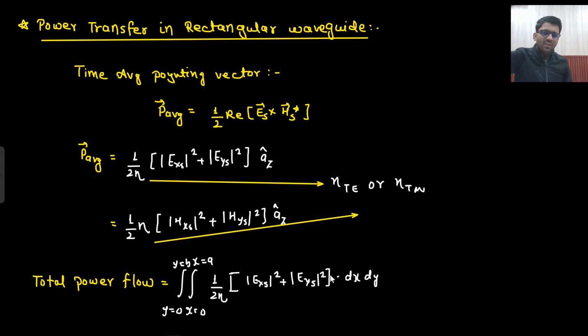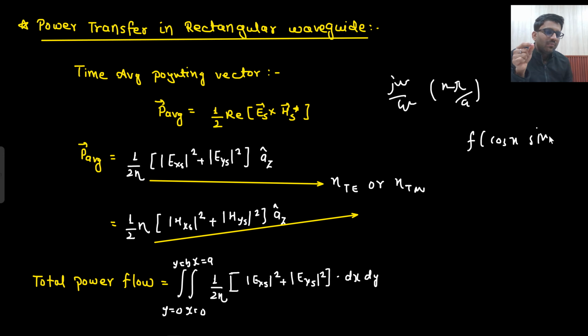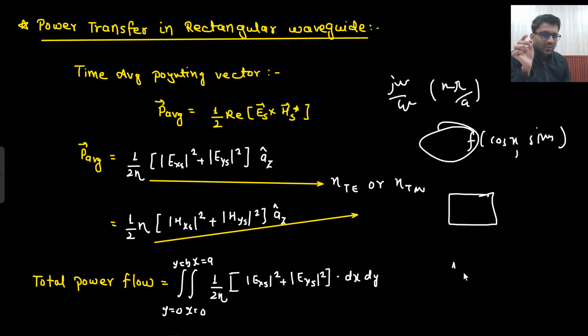Now there is a very rare chance that they will ask you questions from here, because that particular expression of EXS is very complex. There will be j omega upon h square, then m pi by a, and many such things will come. Basically EXS is a function of cos x sin y, but before cos x and sin y, some amplitude would also be coming, and that is known as the mode of EXS.